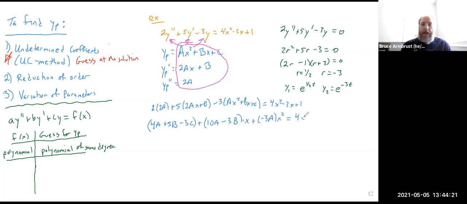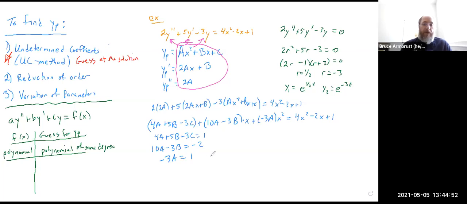And again, that has to equal 4x squared minus 2x plus 1. And now I can just equate the coefficients. So I'm going to get 4a plus 5b minus 3c is equal to 1. We're going to have 10a minus 3b has to equal -2. And minus 3a has to equal 4.